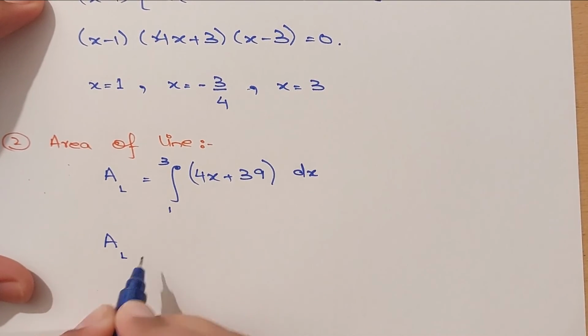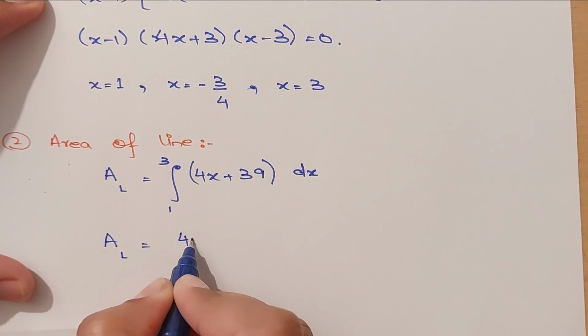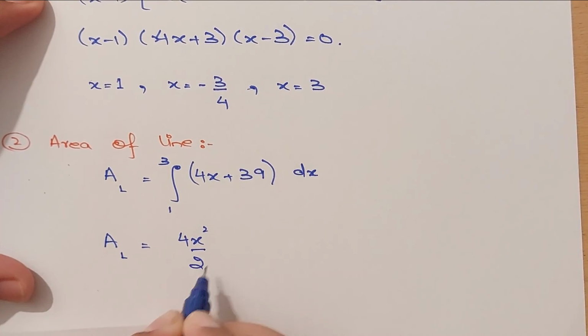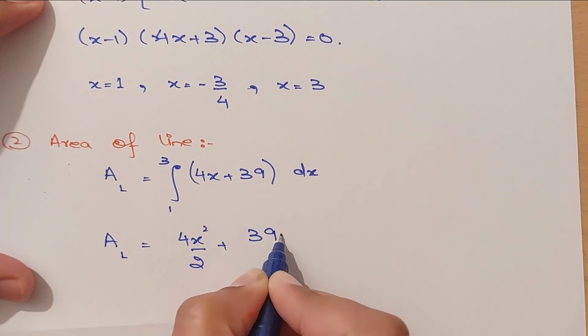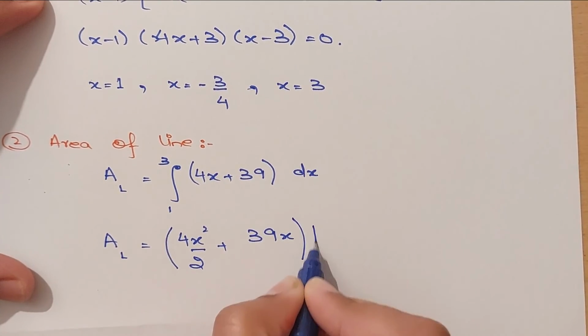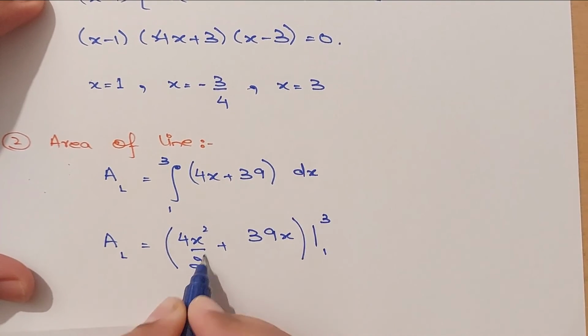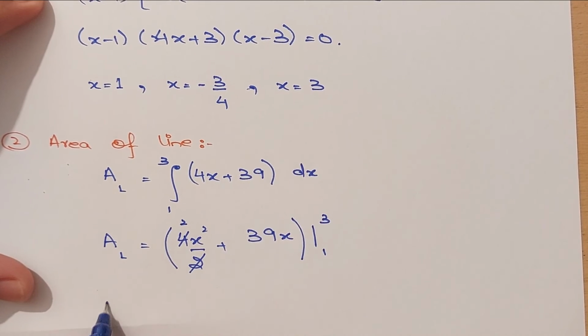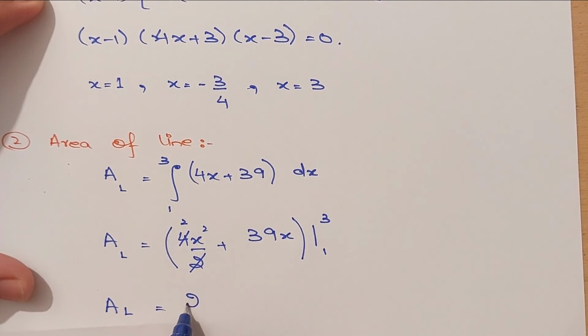So the area is 4x square divided by 2 plus 39x, and 4 divided by 2 is 2, so it is 2x square plus 39x.